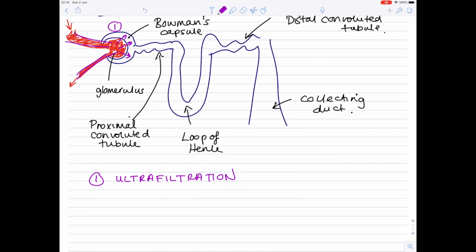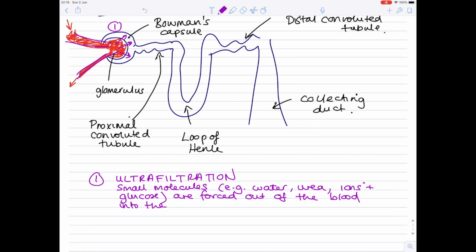So ultrafiltration, small molecules, and let's name them, e.g. water, urea, which is the excretion product of the kidney, ions, and glucose, are forced out of the blood into the Bowman's capsule from the glomerulus. So that's a nice full answer there.